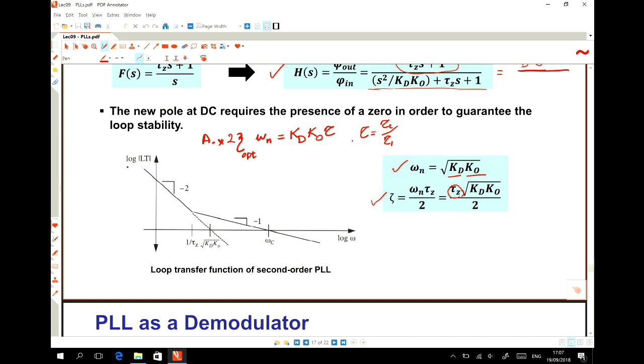This is actually in log. All right. What we have here is this is the omega c. It seems that this is the omega n, and then 1 over tau.